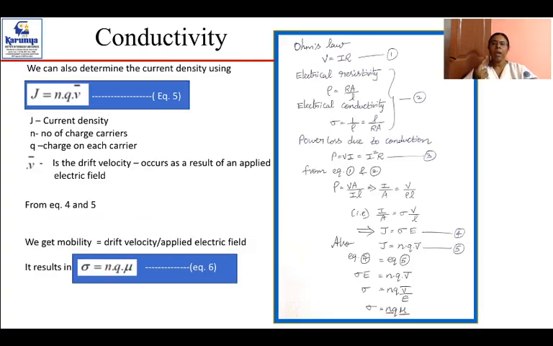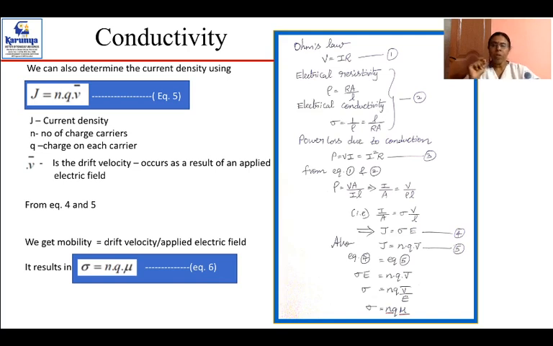We can also determine the current density as J equals N, the number of charge carriers, multiplied by the charge on each carrier, Q, multiplied by the drift velocity. Drift velocity occurs as a result of an applied electric field.